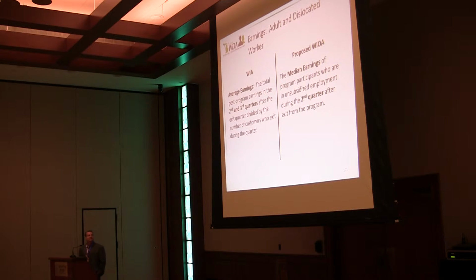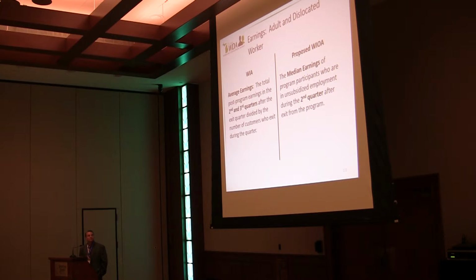They do have an earnings measure. WIA looks at the second and third quarters and does an average. Under WIOA, we'll be looking at the median earnings during the second quarter after exit. We assume that they will use only wage record or interstate wage record information to determine this, but even that hasn't been decided yet.